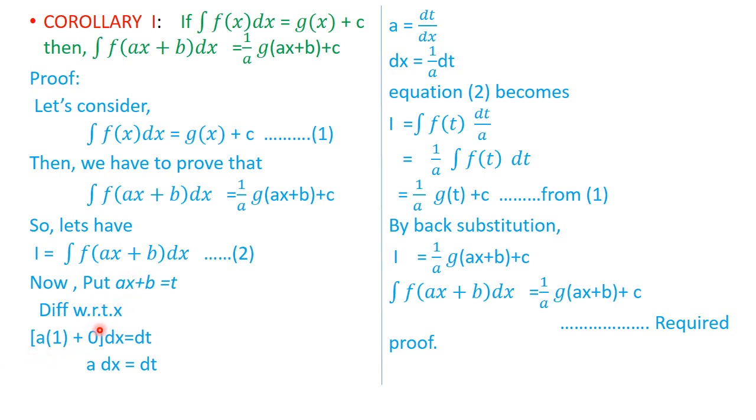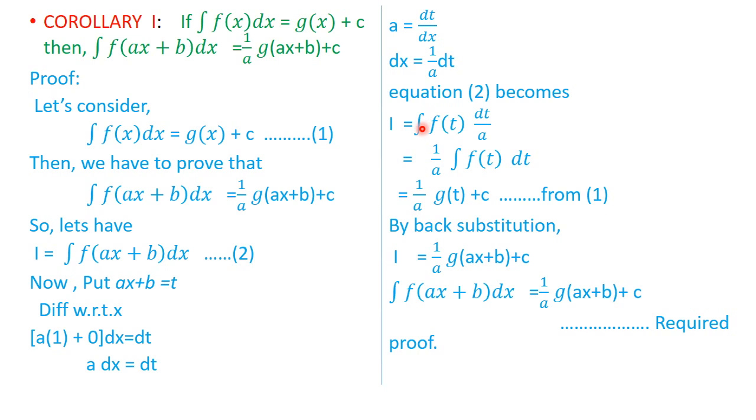If we differentiate it with respect to x, then a into the derivative of x, plus 0, dx is equal to dt, that is a dx is equal to dt, or dx is equal to 1 by a into dt. Isn't it? Equation number 1 becomes, after substitution, equation number 2.